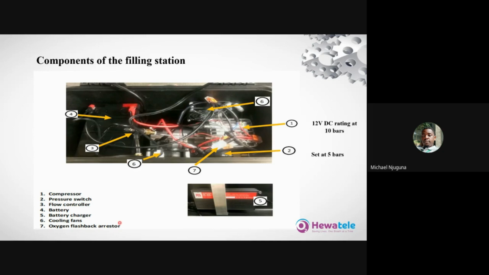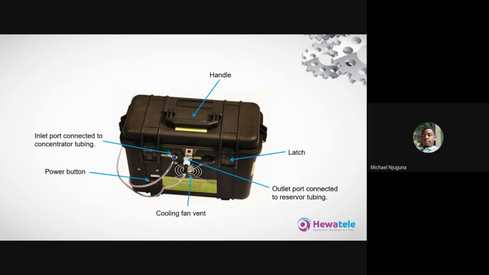Number 6 is the cooling fan. The cooling fans are on both sides of the device, at the back and at the front, as we had seen in the previous slide. This is the cooling fan. There is also the same vent at the other side of the casing.